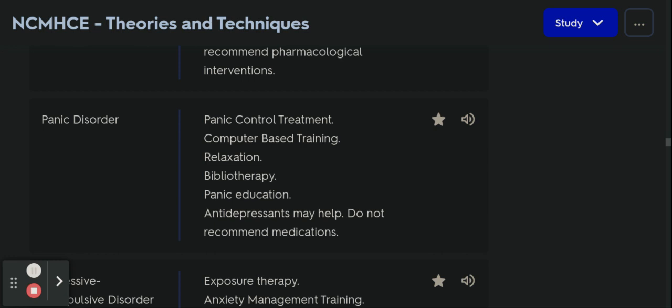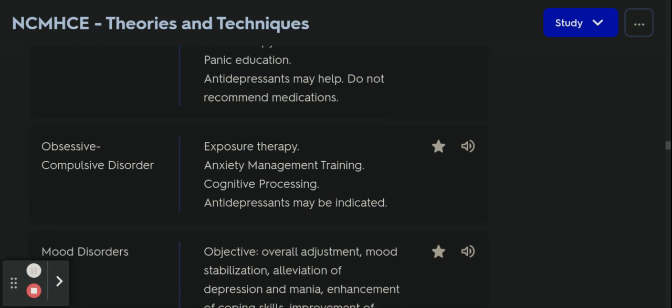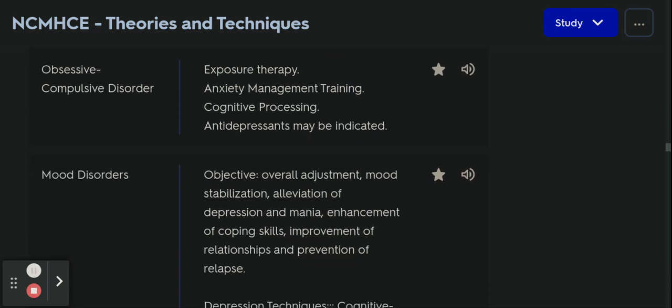Antidepressants may help. Do not recommend medication. Obsessive compulsive disorder: exposure therapy, anxiety management training, cognitive processing. Antidepressants may be indicated.